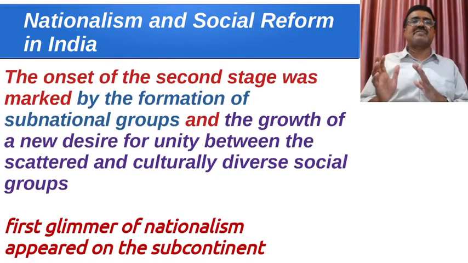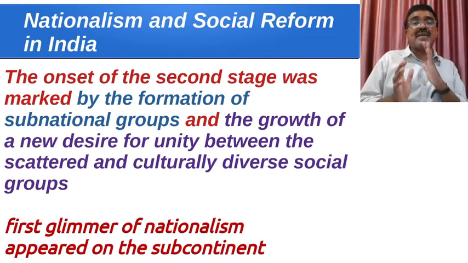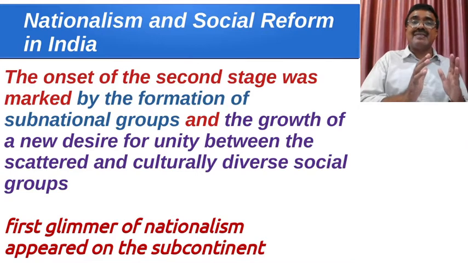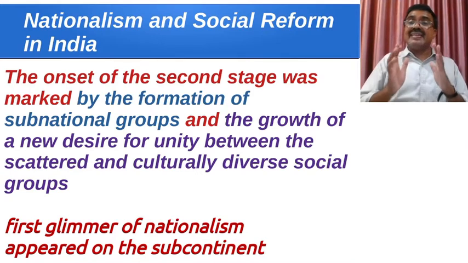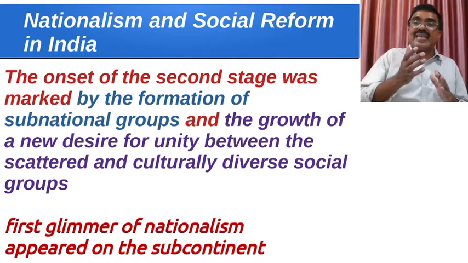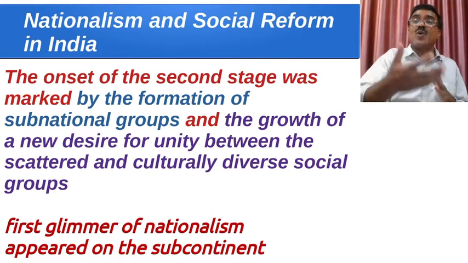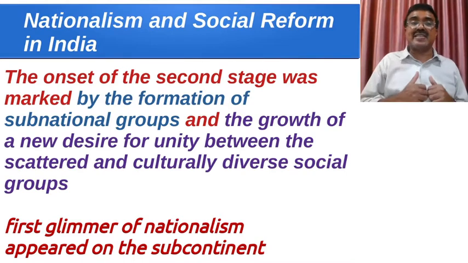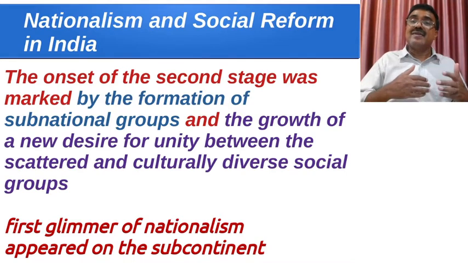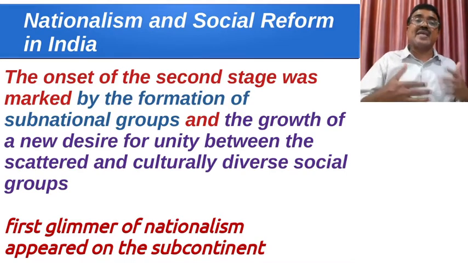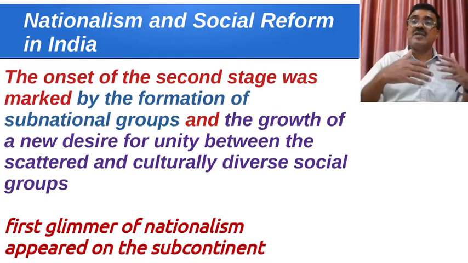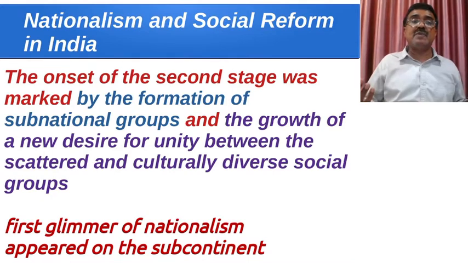Then we have the onset of the second stage, by the formation of what we call subnational groups. Here the linguistic identity came to the fore, right? Communication happened through the vernacular or regional languages, as we now call them. Taking these vernacular languages for communication to the common people came into being, along with the growth of a new desire for unity between scattered, culturally diverse social groups.